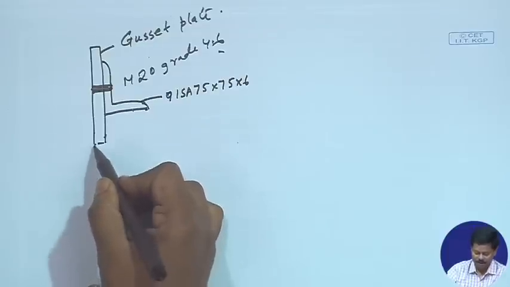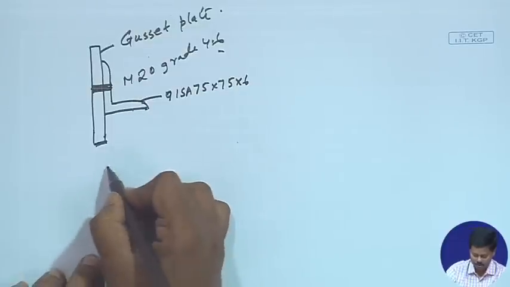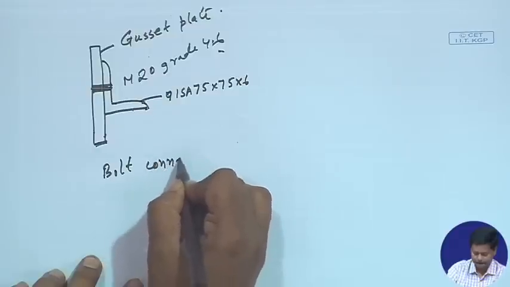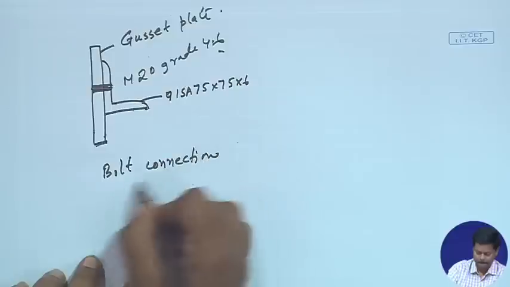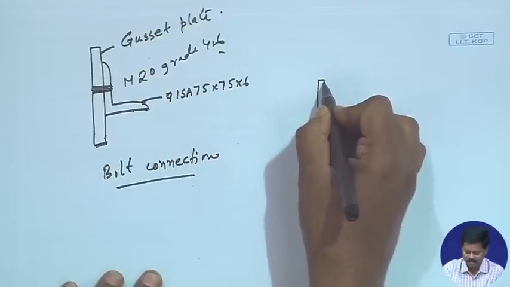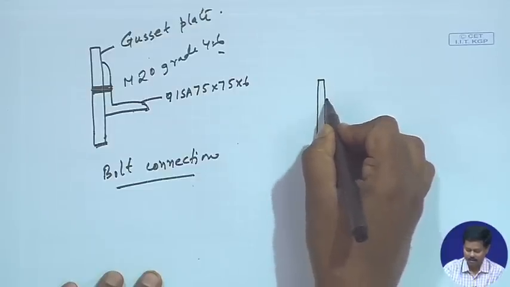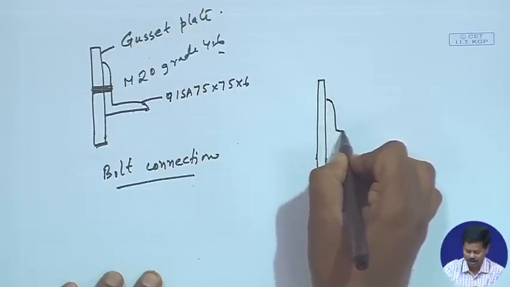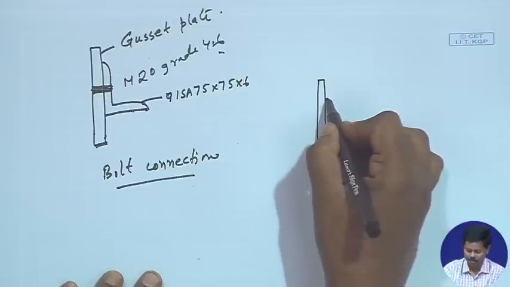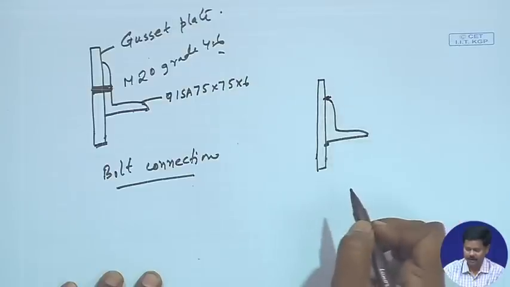So, this is one case, and this is a bolt connection. Again, the same angle if it is connected by weld, how the net area is going to be affected, that we will try to find out. So, this is the weld connection in this area.